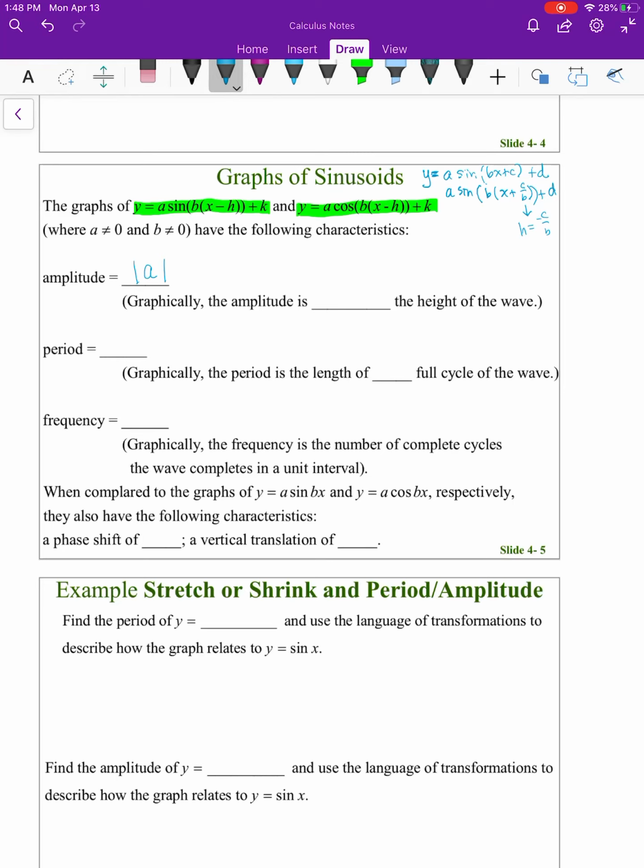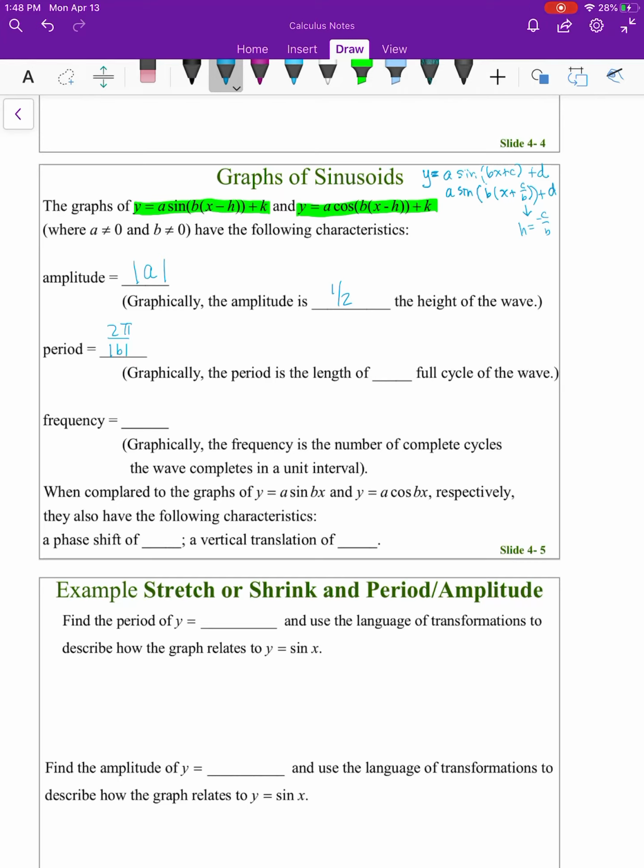So if I asked you for the amplitude and there was a negative 2 in front of that sine, your amplitude would still be positive 2, because it would be the absolute value of that negative 2, even though that negative might mean that you have a negative sine function. Graphically, the amplitude is half the height of the wave.